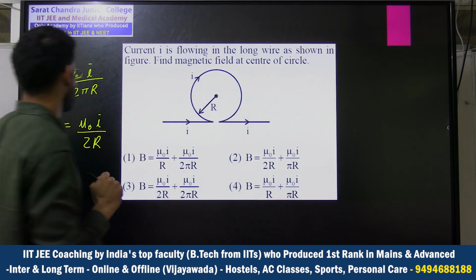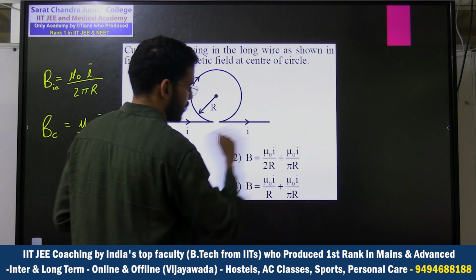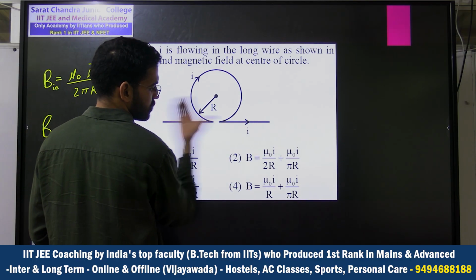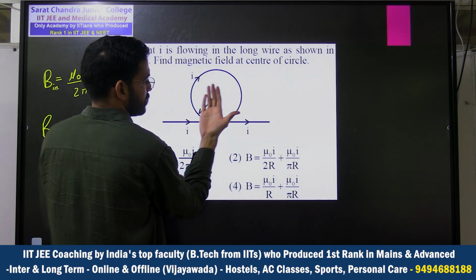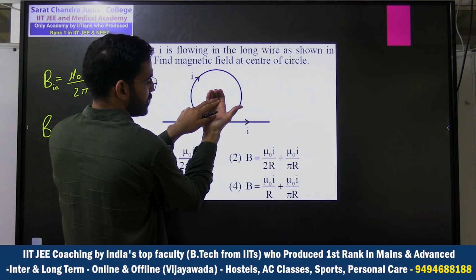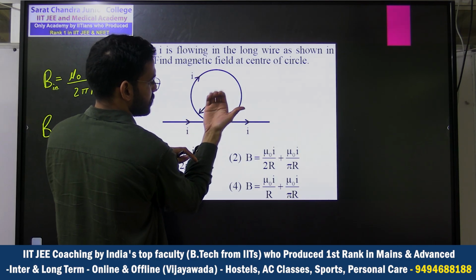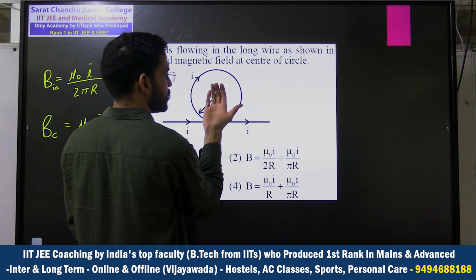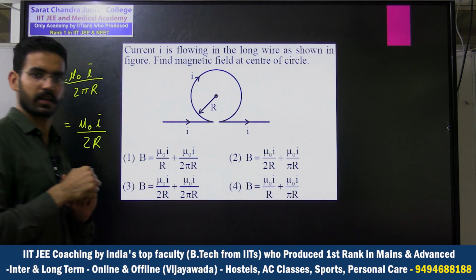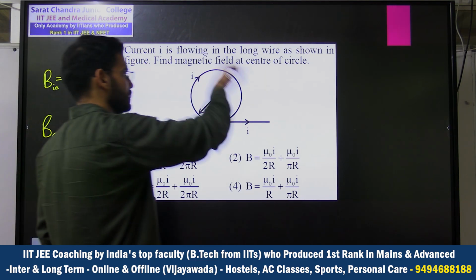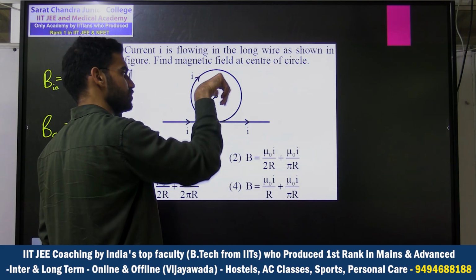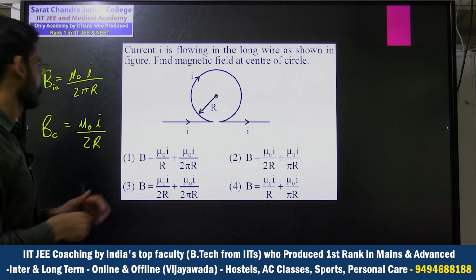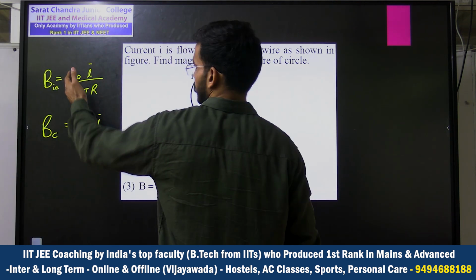But how do you find the direction of the magnetic field by the infinite wire? You take your thumb in the direction of the current, and then turn your fingers by 90 degrees, and it tells the magnetic field direction. So due to the infinite wire, at the center the magnetic field will be out of the plane, correct? And by this circular loop, the magnetic field is inside. So both will be subtracted. You can understand that this is less, this is more.